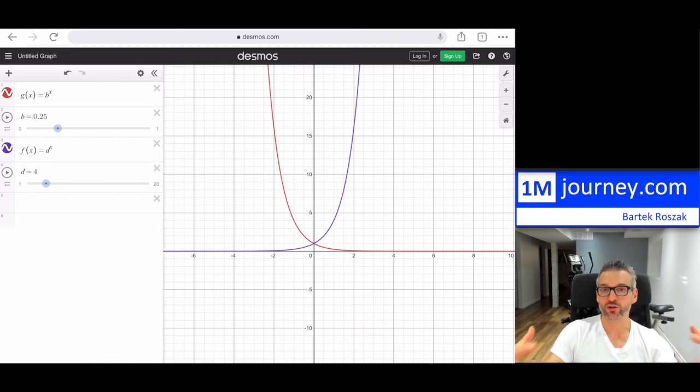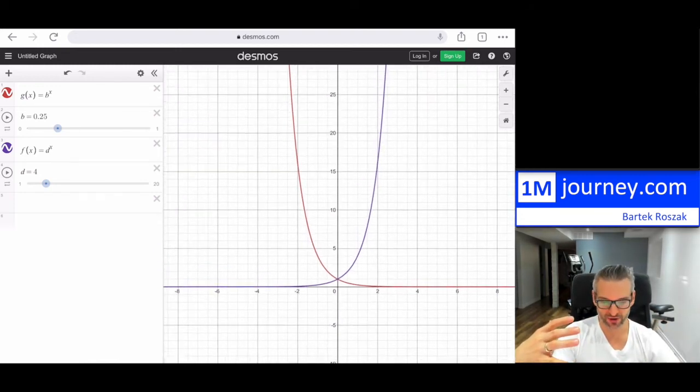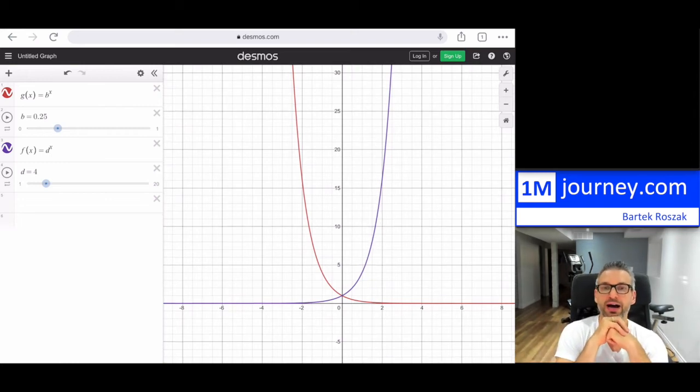So you should get some understanding when you're looking at these graphs and what happens between these exponentials. They're actually not as difficult to comprehend, especially the parent function of this exponential, which is just b to the x.